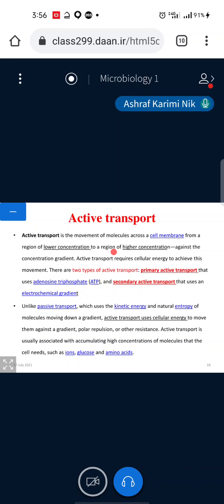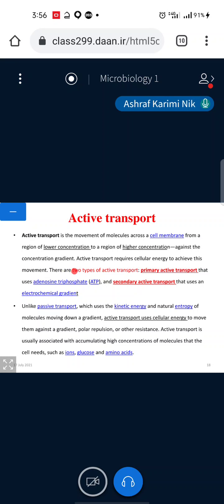Yes, from low to high, but in facilitated diffusion from high to low. But here, from lower concentration to higher concentration, against the concentration gradient. Active transport requires cellular energy to achieve this movement.